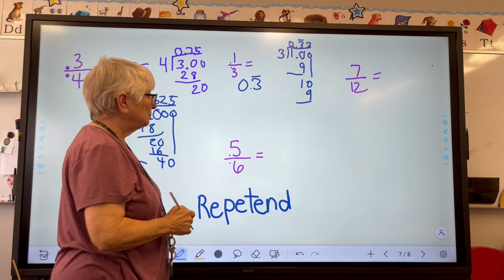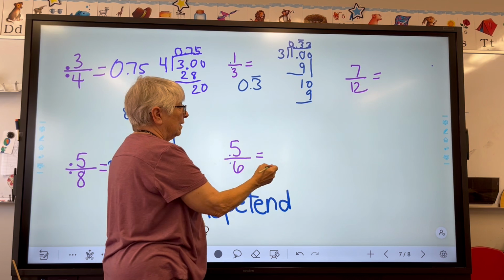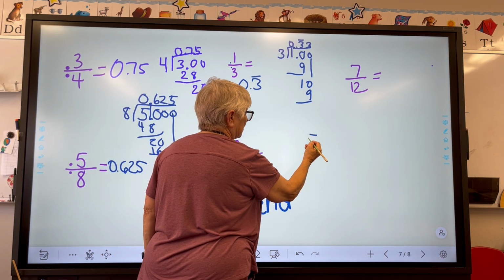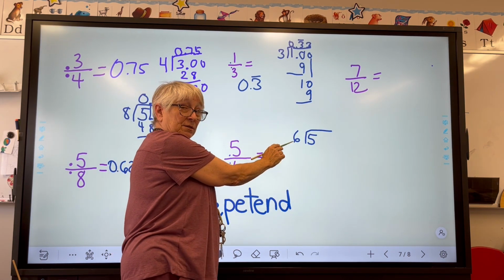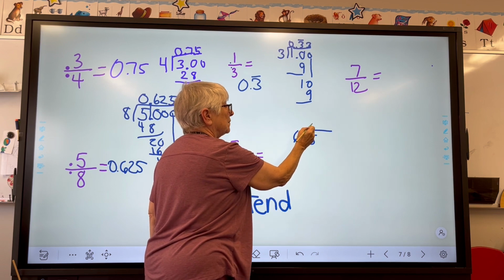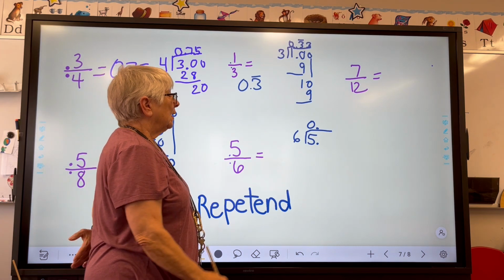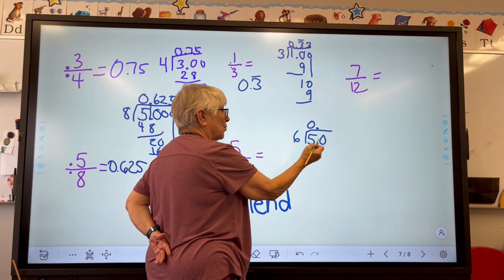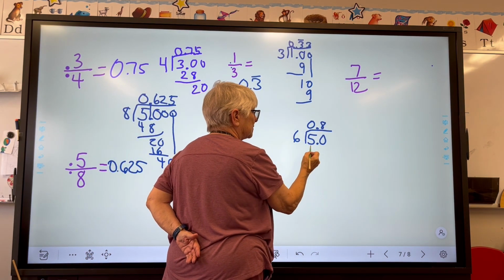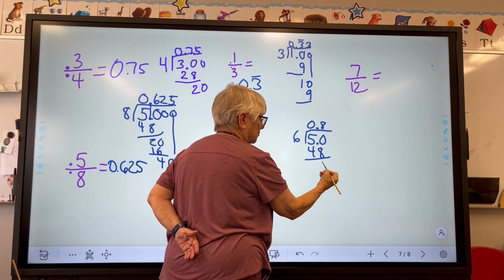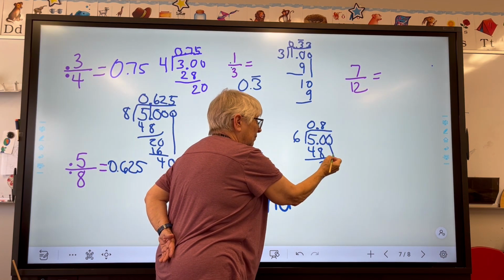Okay? This is 5/6. Now the 5 goes in the box. The numerator goes in the box. And the 6 goes on the outside. Does 6 go into 5? No, it doesn't. So I put a 0, and there's the decimal. Now I have to add another 0. Does 6 go into 50? Yes, goes in there 8 times. That's 48. I subtract and get a 2. But it didn't come out even, so I add another 0.